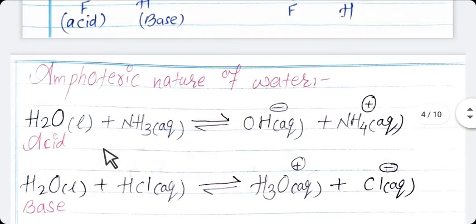See the example here. Water reacts with ammonia. Ammonia is nothing but a base. So it means water reacts with a base. That's why it acts as an acid. In the second reaction, water reacts with an acid. That's why it acts as a base.